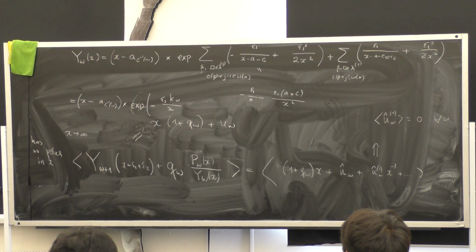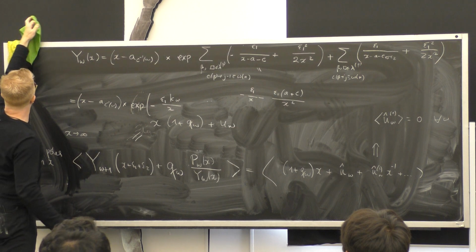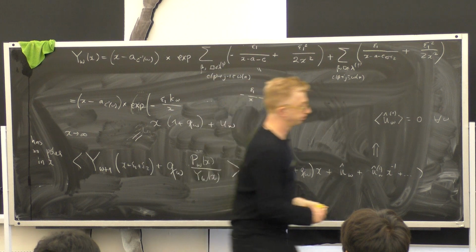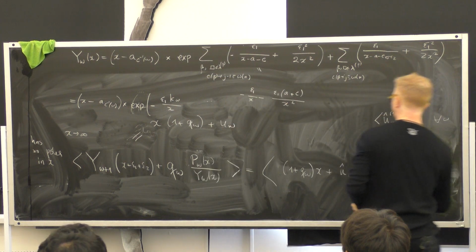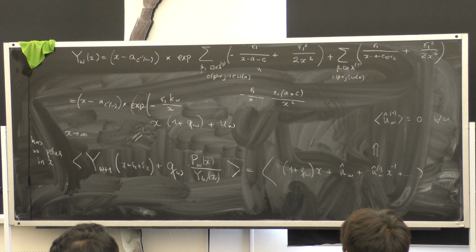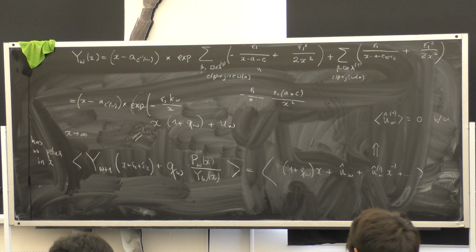So k omega is the charge, which in terms of the Young diagrams is the sum over the fixed point, the level of fixed points.